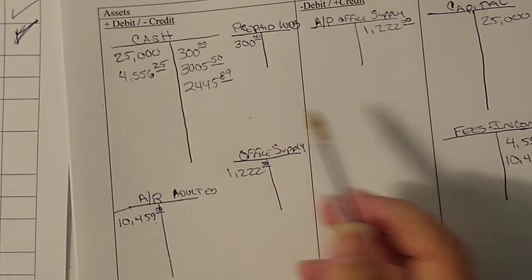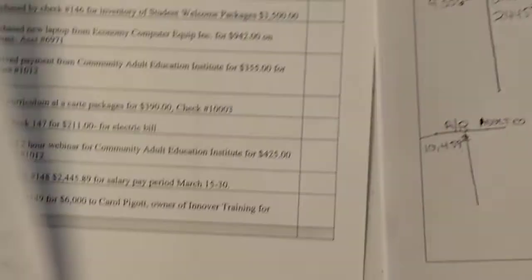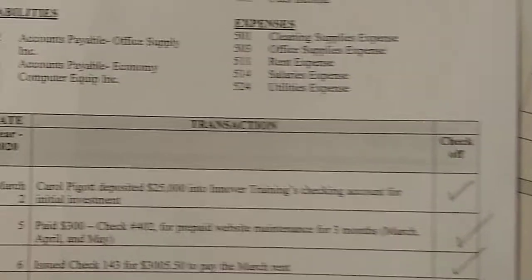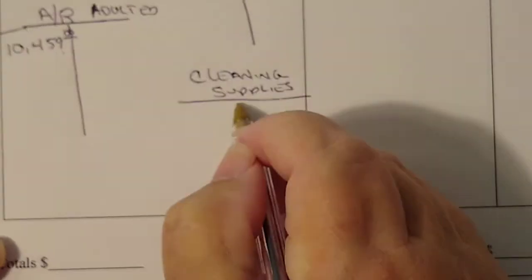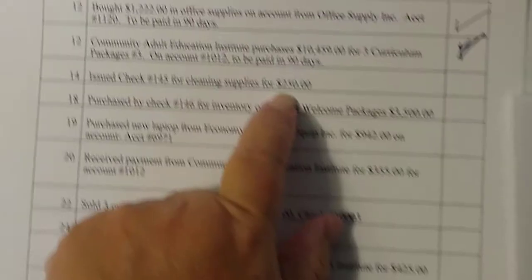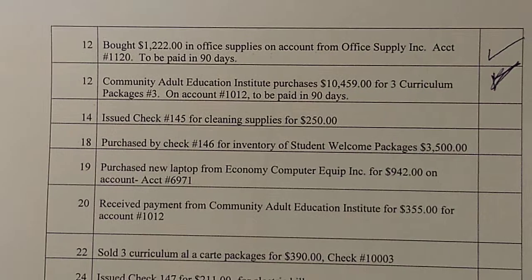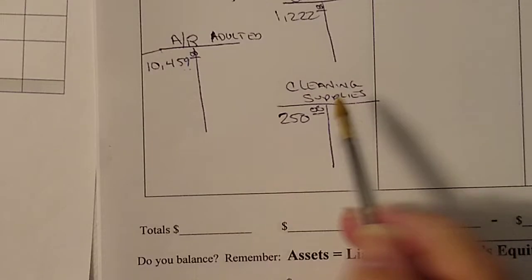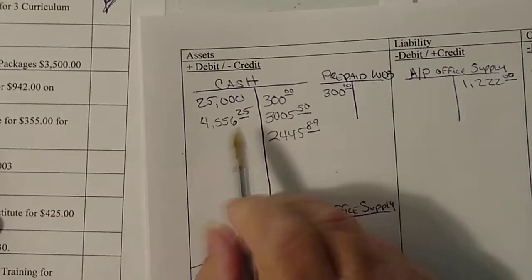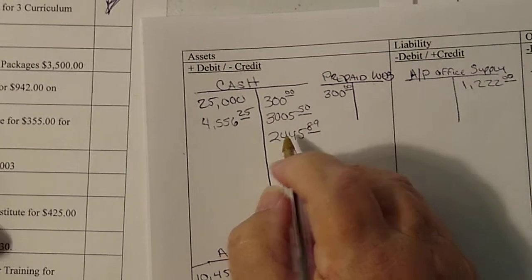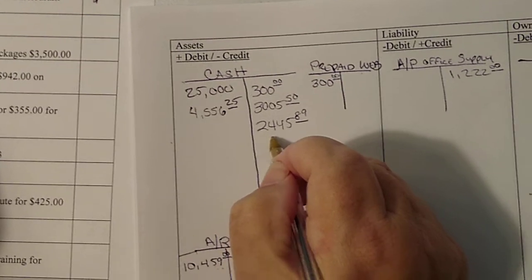Now we're going to have an account for cleaning supplies. Okay, we increase our cleaning supplies by debiting it, $250. And how did we get our cleaning supplies? We paid by cash. So we're going to go over here to our cash, and what are we going to do? Debit or credit? You should know this one by now. We're going to credit it, $250.